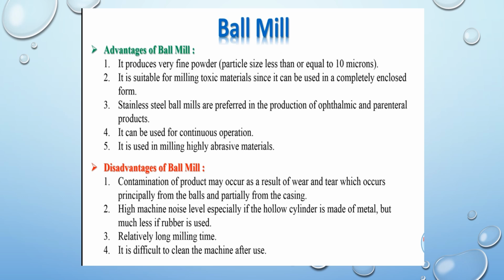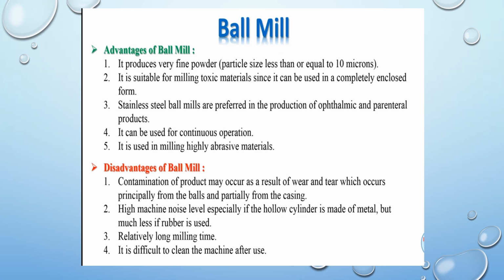The advantages of ball milling are: it is used to obtain nanostructured materials at a low temperature. It is a very cost effective and eco-friendly technique. It is used in milling highly abrasive material. It is possible to obtain large quantities of nanostructured materials.